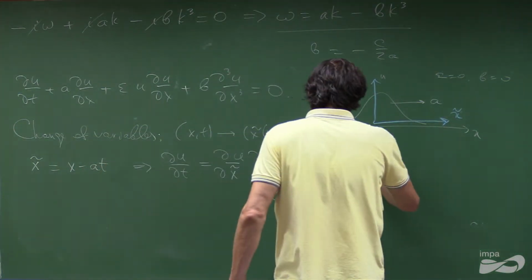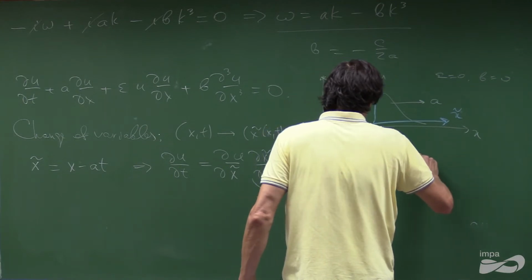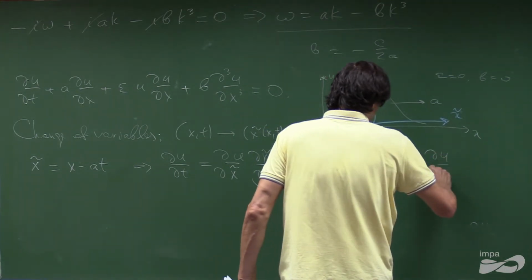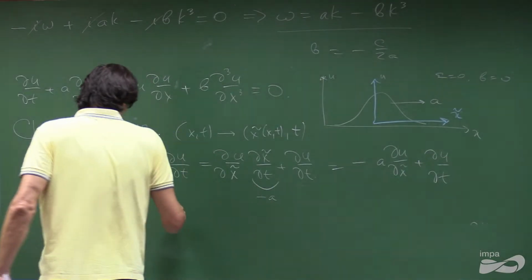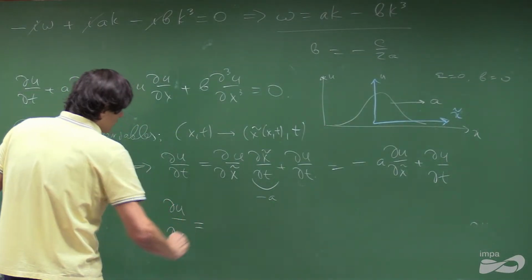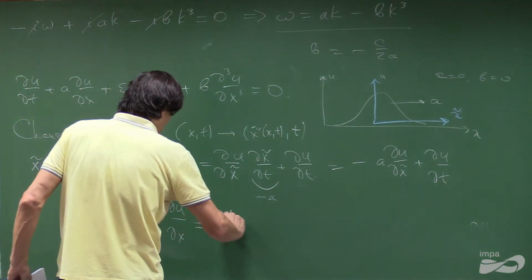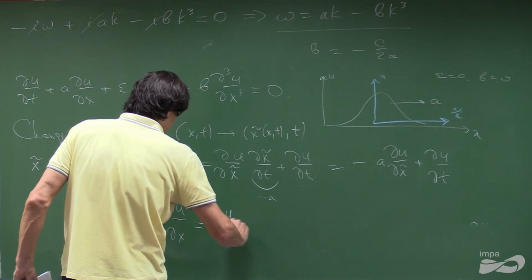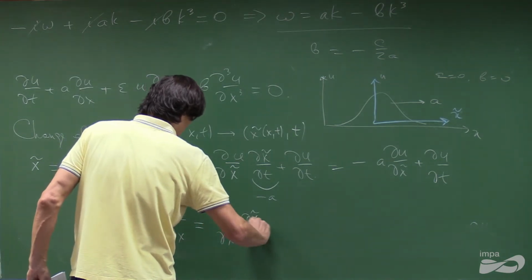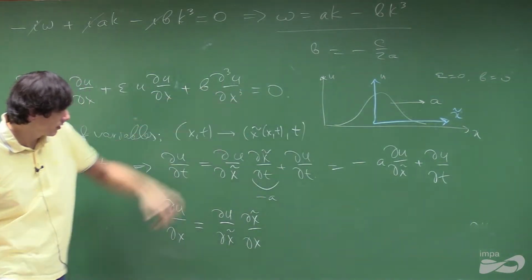So we get minus a du/dx tilde plus du/dt. And the other derivative, du/dx, is du/dx tilde times dx tilde/dx, because x only enters here, and this is 1.